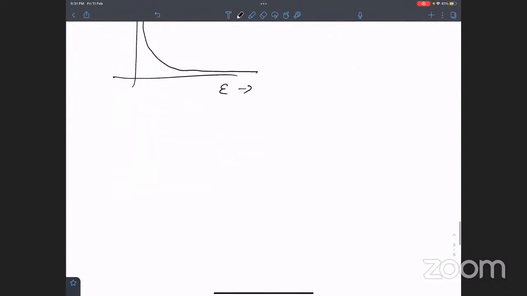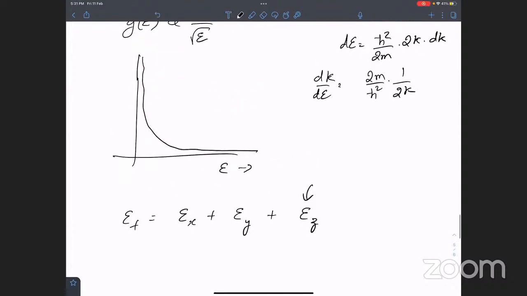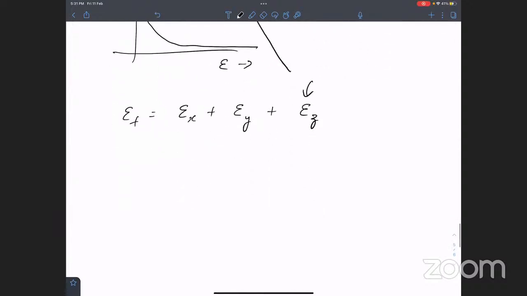Now let us consider the total energy, which is the sum of the energy in x plus the energy in y plus the energy in z. The energy in z follows this particular distribution, something that is proportional to 1 by root of E. So what is the minimum energy for this? It is E1.